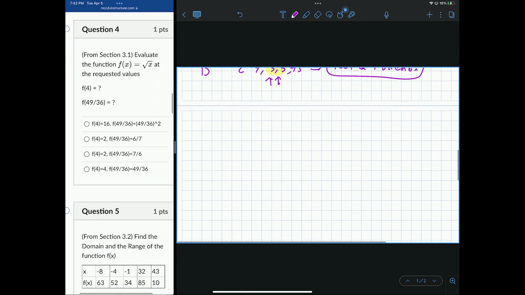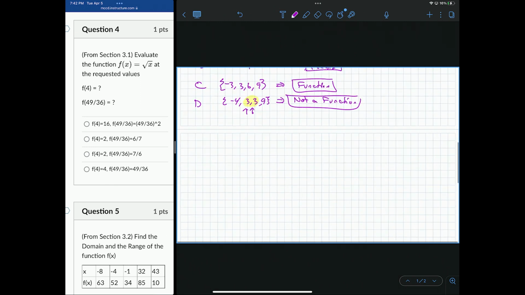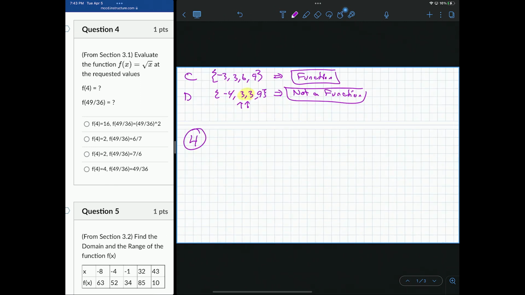Problem 4. Evaluate the function at the requested values. So we're just plugging in numbers here. The function is f of x equals square root x, and we are supposed to calculate f of 4. So f of 4 is the square root of 4, which is, of course, 2.